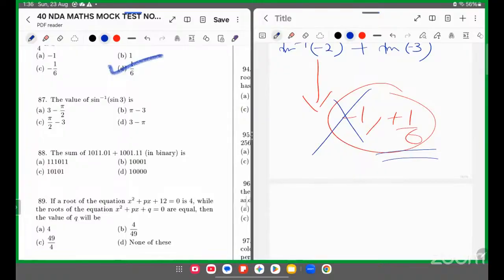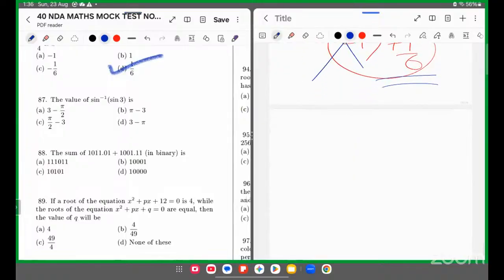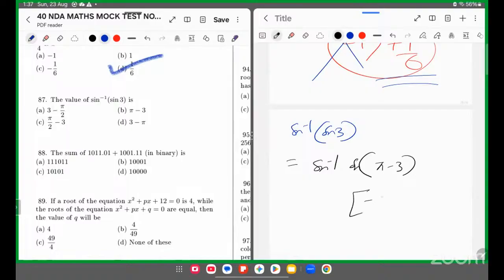Question number 87. Sin inverse sin 3. So sin inverse sin 3 means sin... If I put pi minus 3, then only I can keep this between minus pi by 2 to plus pi by 2.